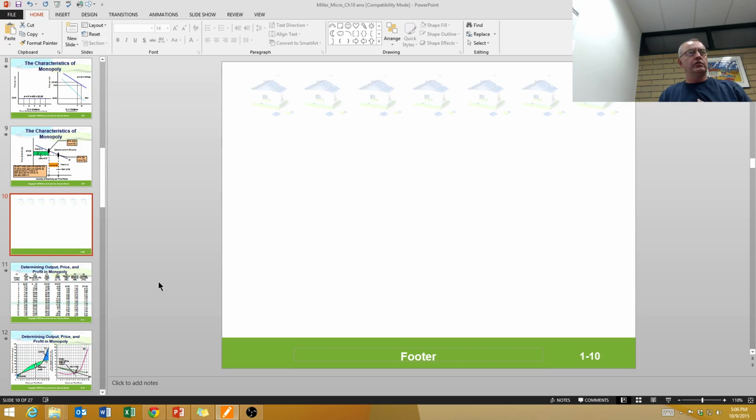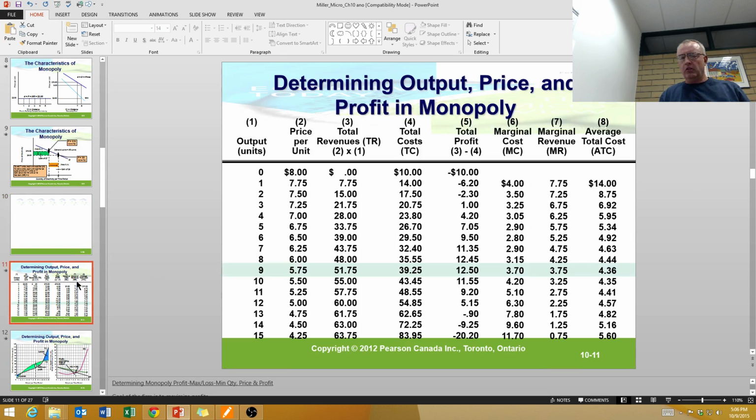Okay, so let's just move on. Okay, so the second section deals with determining the profit maximizing quantity, or the optimal level of quantity for the monopolist, the optimal output quantity.